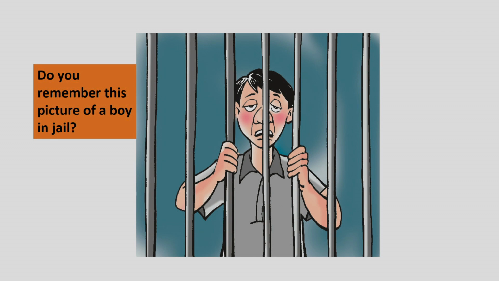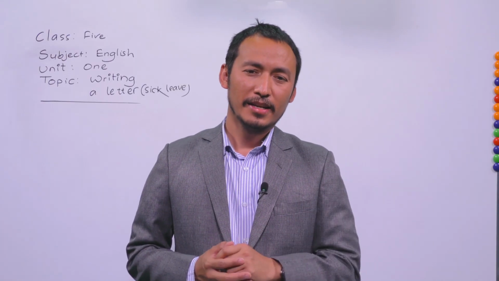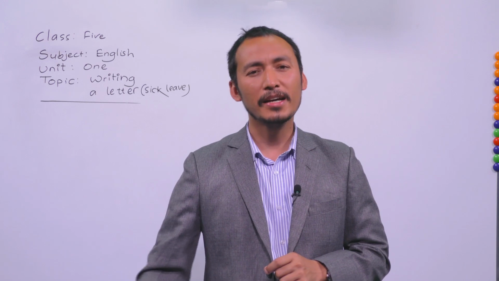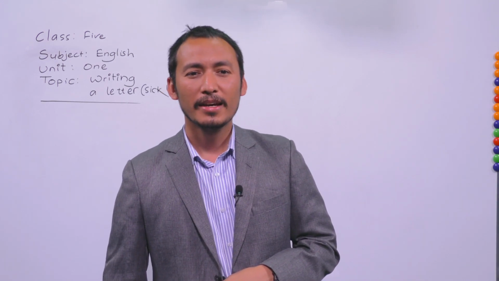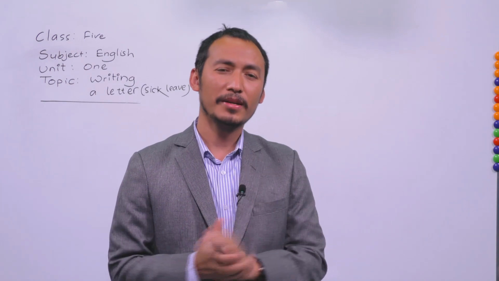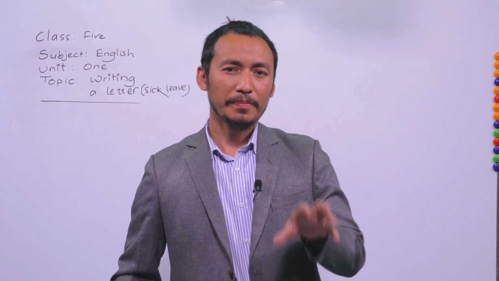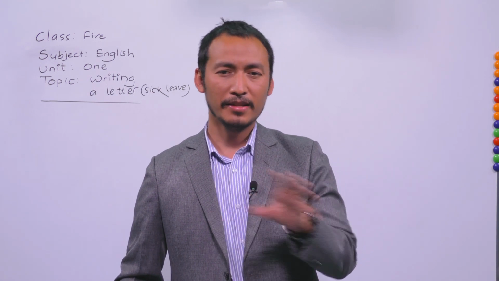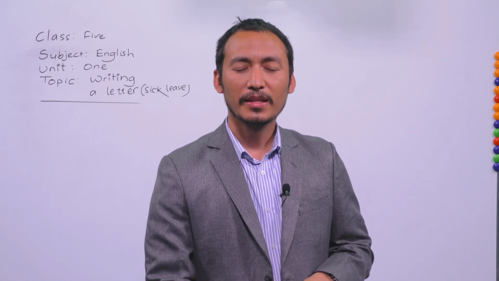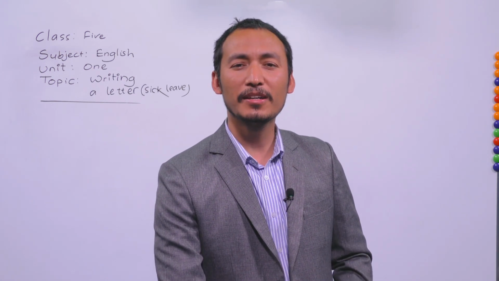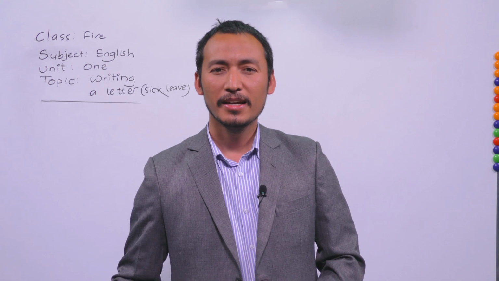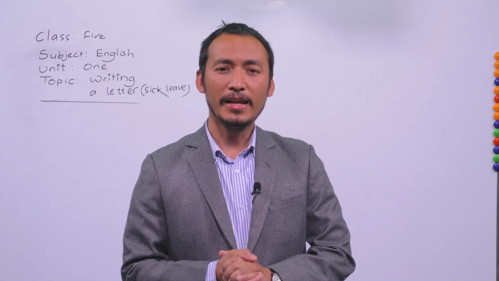When the boy was inside the jail, the father wrote a letter to his son, saying that he cannot plant potatoes this season because he is an old man and he cannot dig up the land around his house. So there was a letter written like this, and the reply was that the boy warned his father not to dig up the land and to stay away from the land.